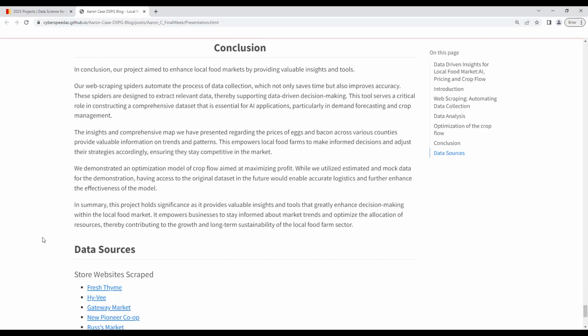So in summary, the project holds significance as it provides valuable insights and tools and tries to have farmers take informed decision-making, and it empowers businesses to stay informed about the market trends and optimize the allocation of resources, thereby contributing to the growth of long-term sustainability of the local food and farm sector.